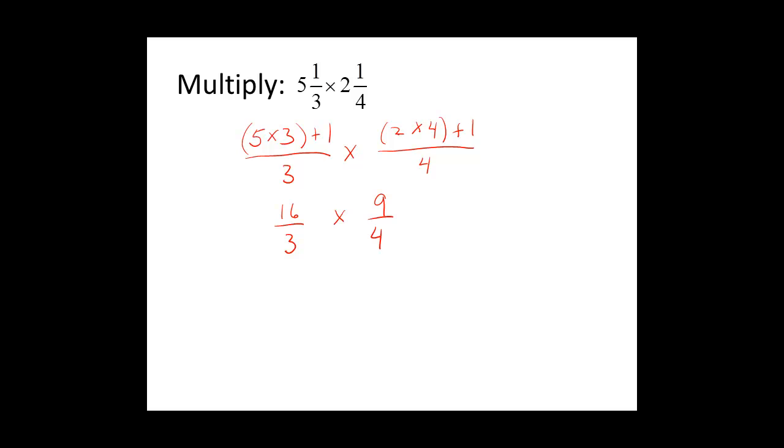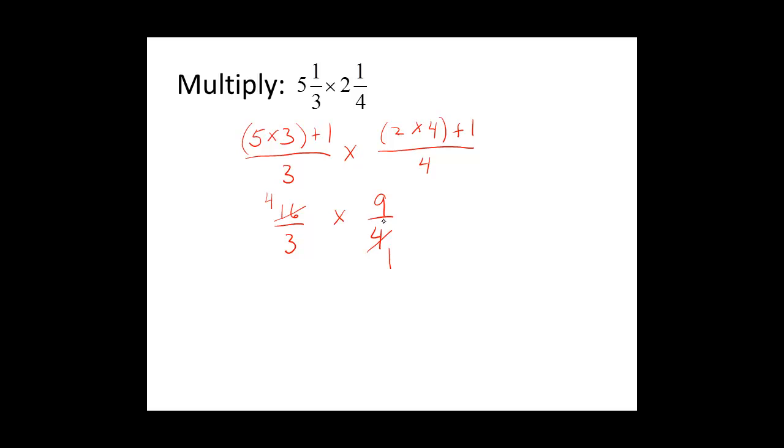For this problem, you see, we can do some dividing out before we multiply. We have a 16 in this numerator, and a 16 is a 4 times a 4. And we have a 4 in this denominator. So let's divide out 16 by 4 is equal to 4. And 4 divided by 4 is equal to 1. A 9 is a 3 times 3.